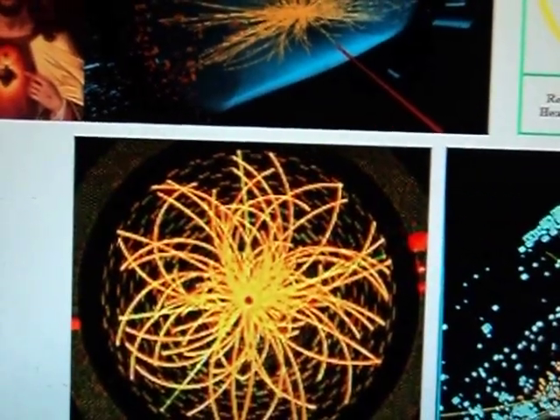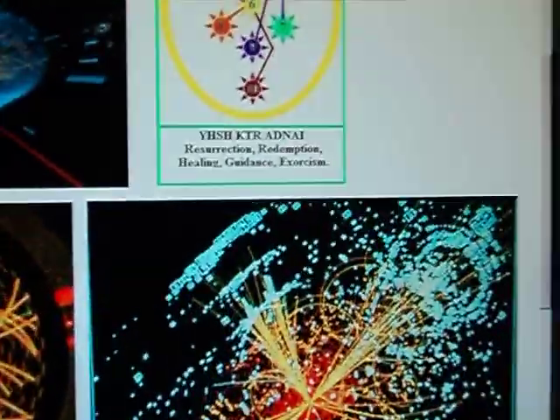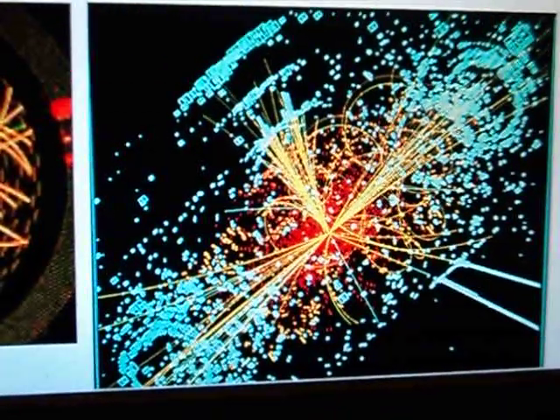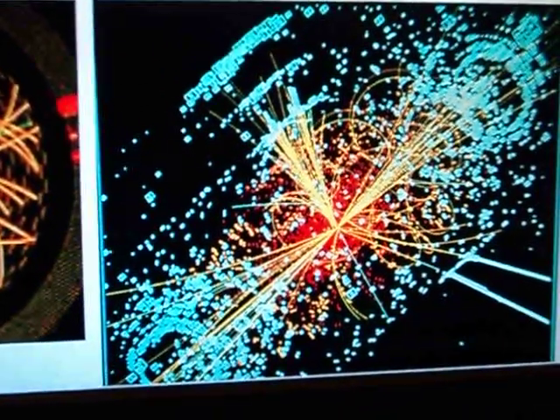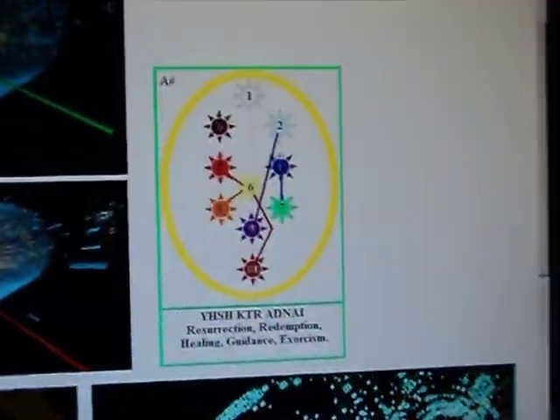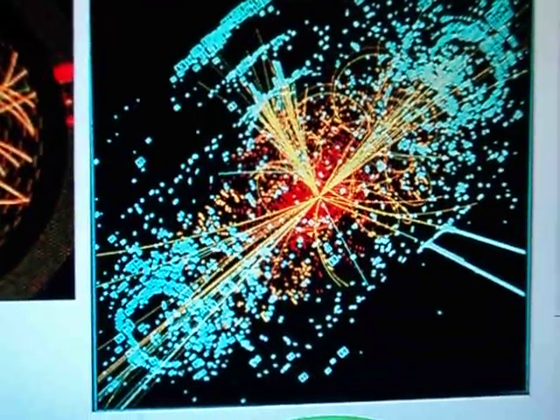And then there's another angle of the God particle, where it's looked at like it's involving yellow, and there's that yellow around there, and there's orange too.